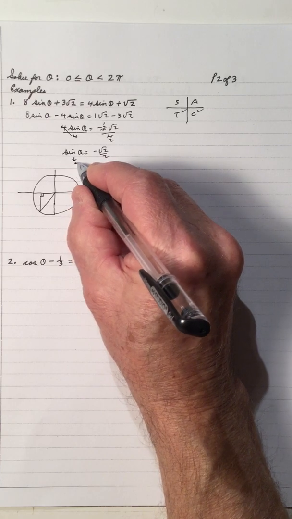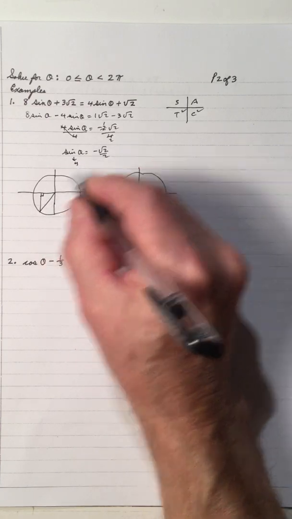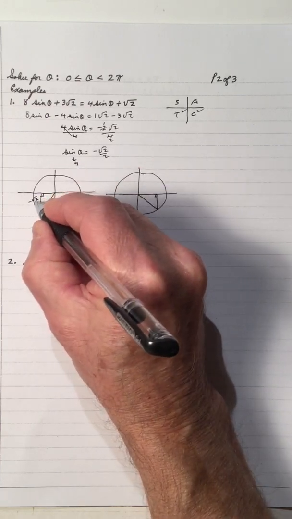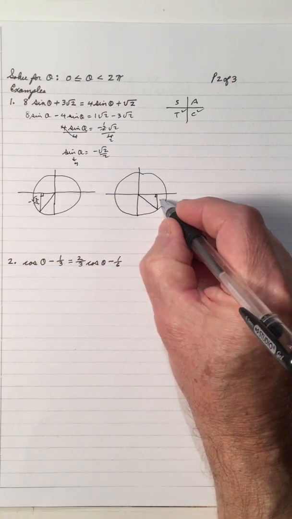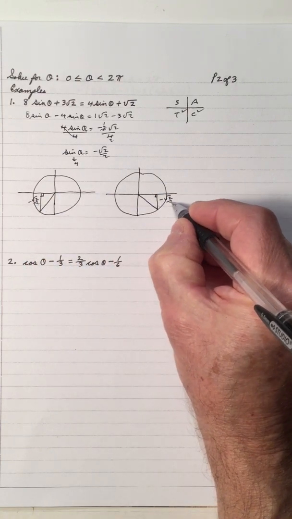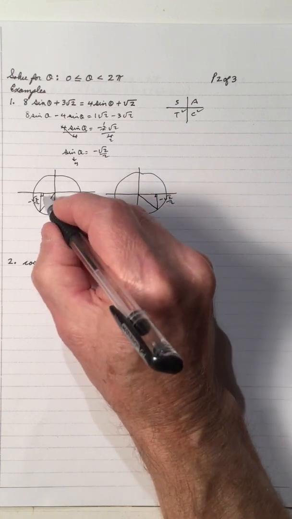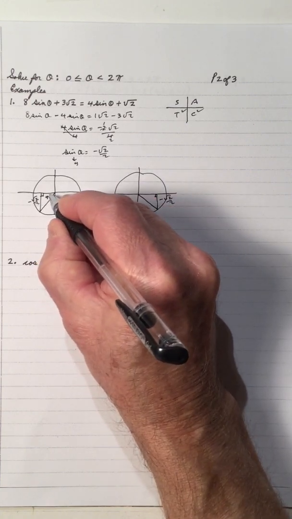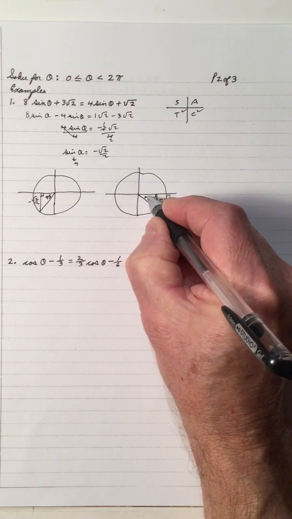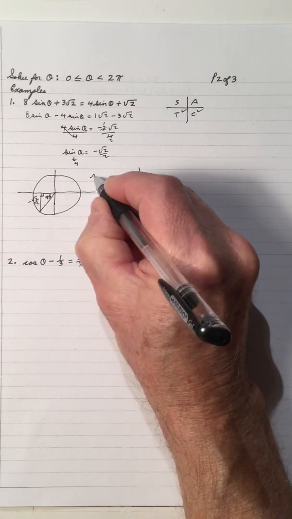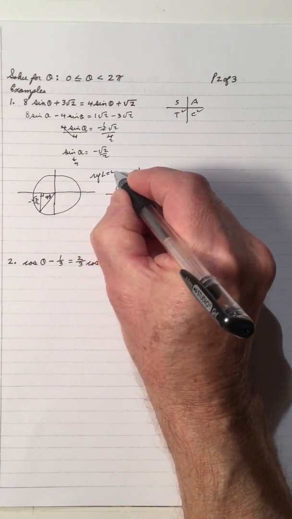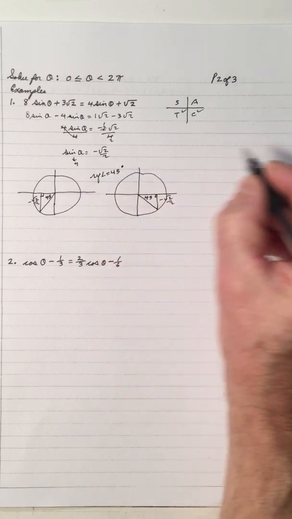Sine is the y, so the y is negative root 2 over 2 in both triangles. And I don't have to do much more because root 2 over 2 will give us a 45 reference angle in each of the quadrants. So the reference angle is 45 degrees.